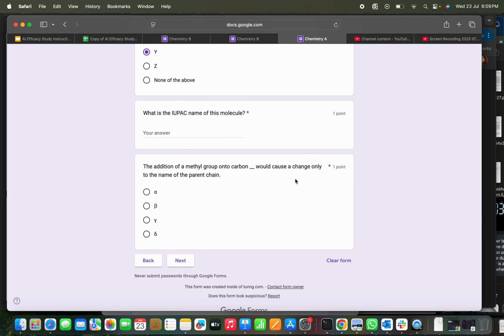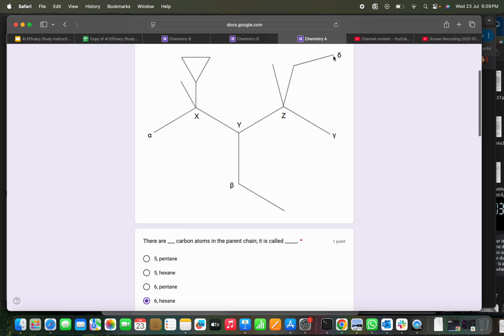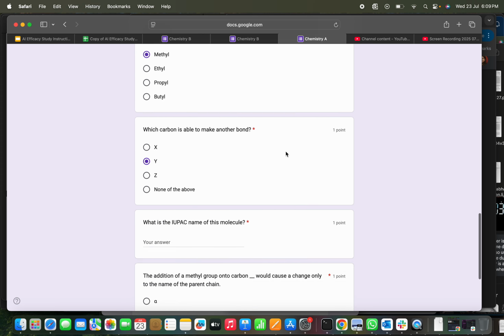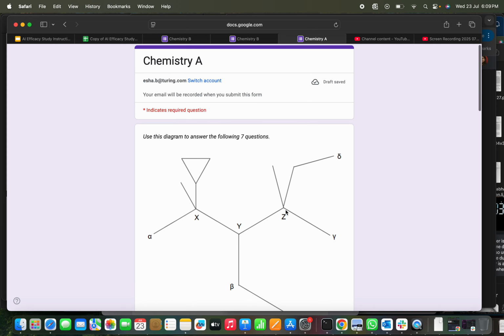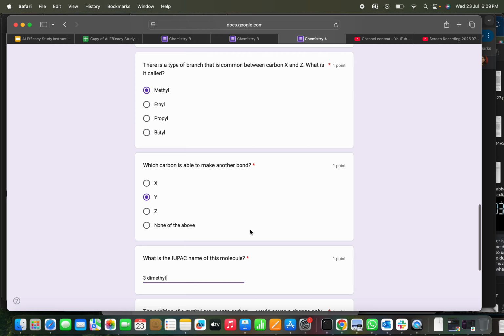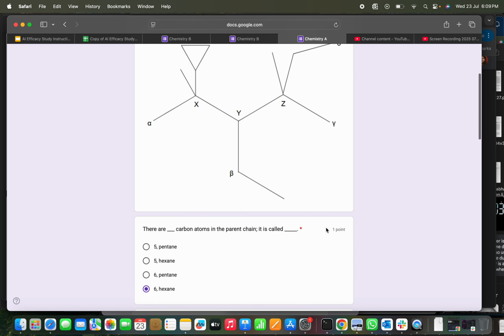What is the IUPAC name of this molecule? This is going to be very tough for me, but let's give it a try. 1, 2, 3. 3 dimethyl, 3 dimethyl, 5, 6, 4 dimethyl, 4 dimethyl. Alright.